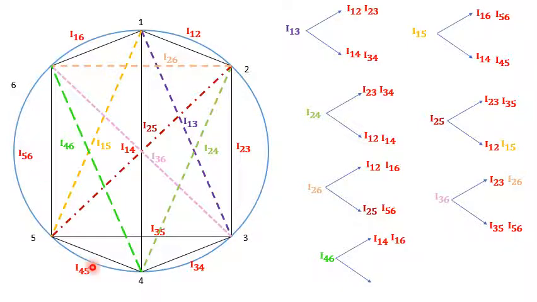Another one is I14 and I16. So I14, I16 forms one triangle and I45, I56 is the other triangle. So using these points we can locate I46.